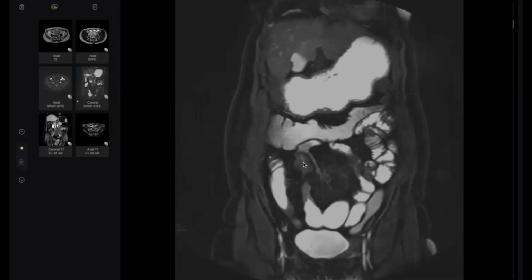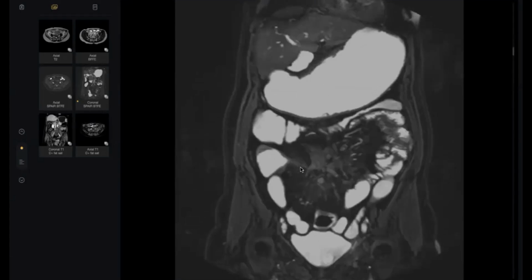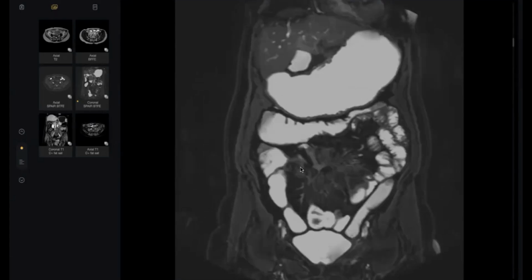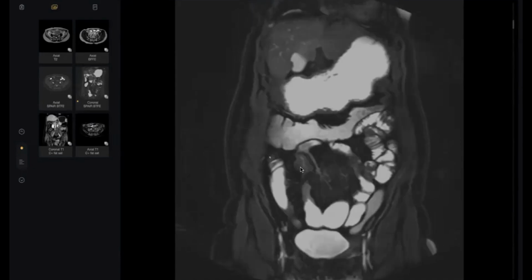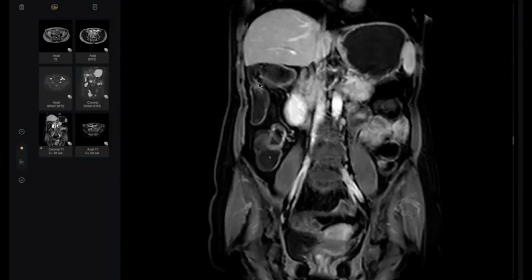Connections, tracks between the bowels, multiple tracks. These tracks are surrounded by fibrosis. Yes, these are fistulous communications. So give me the diagnosis. So it's a complicated chronic Crohn's disease.